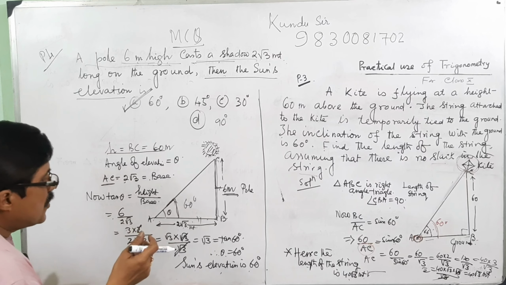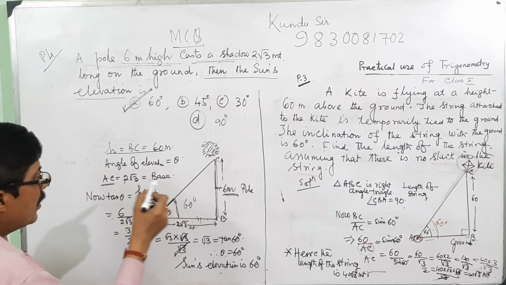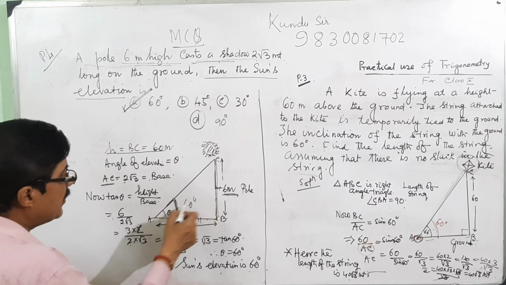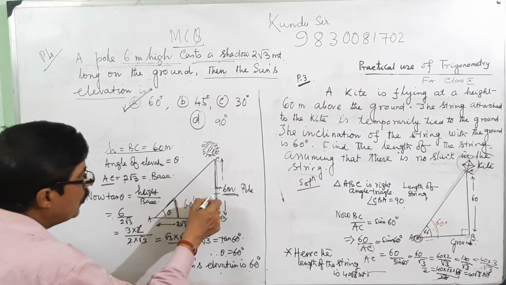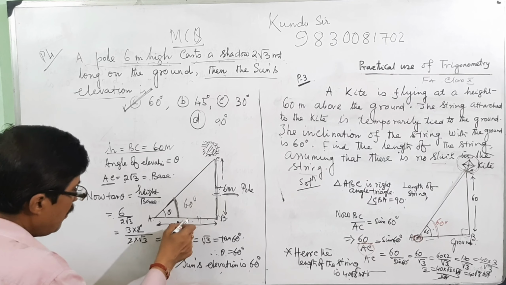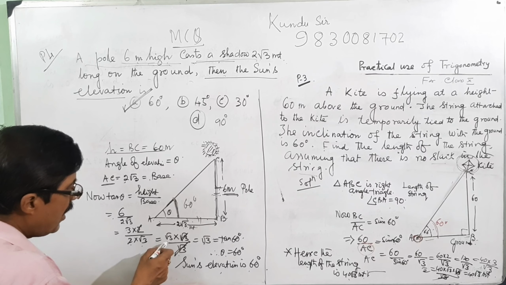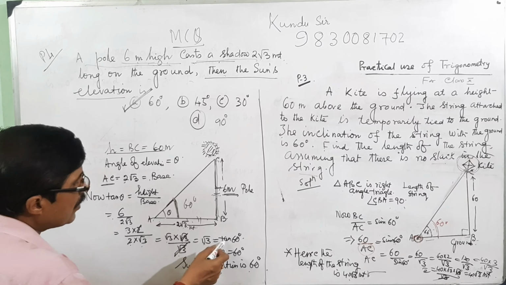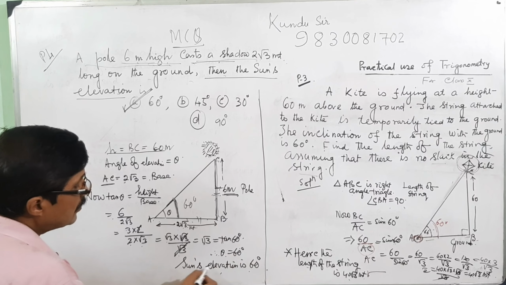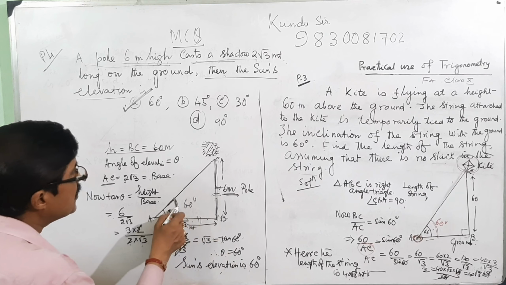The ratio of height or altitude upon base equals tan theta, equal to root 3, equal to tan 60. The sun's elevation is 60 degrees.